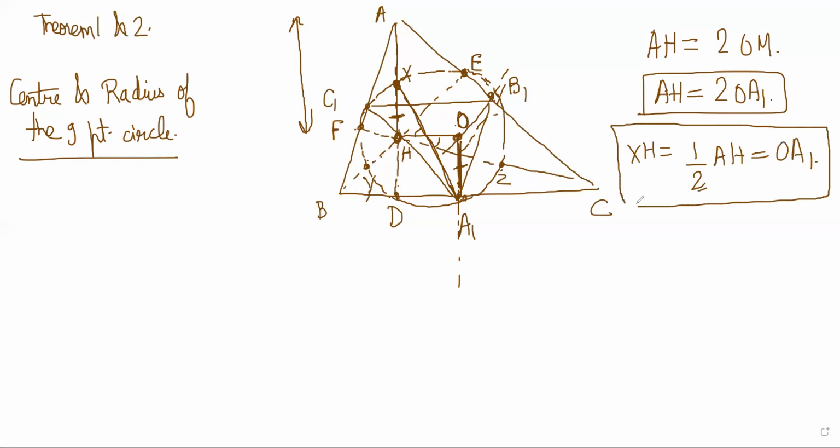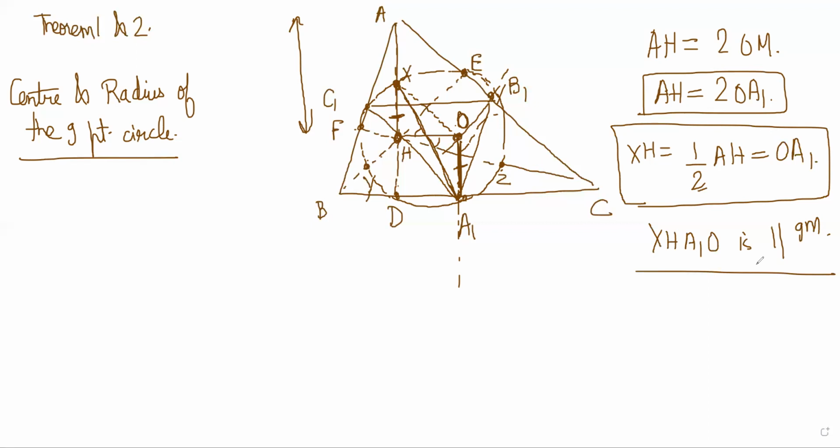So basically the triangles are congruent. Therefore XH is equal to OA1, and the sides are equal and parallel. So this is a parallelogram, HXOA1 is a parallelogram.